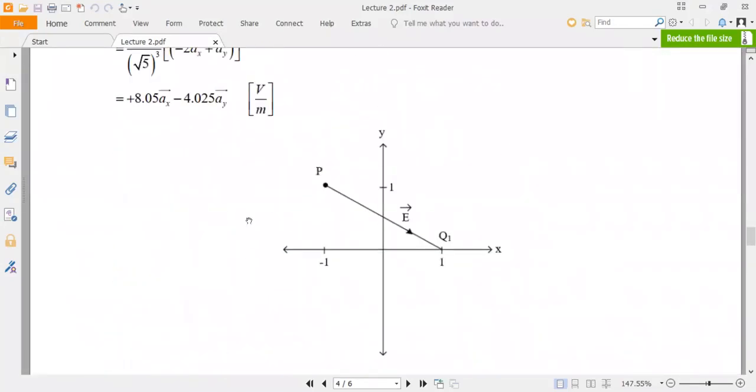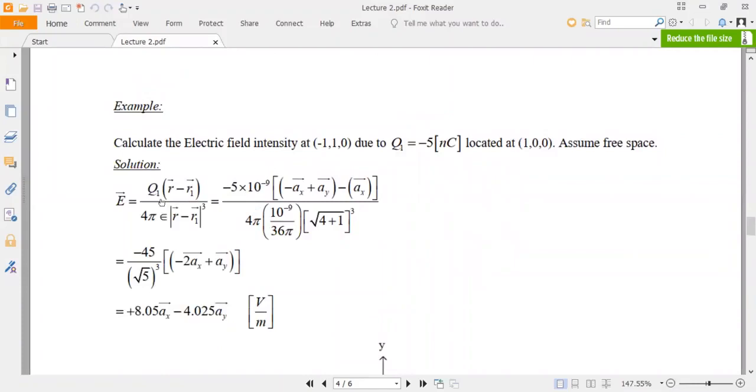So here again, your electric field is Q times (R bar minus R1 bar). So what is your R bar? R bar is the position vector of your point where you want to find the electric field intensity. So that's why it is minus AX plus AY, and R1 is the position vector of your charge Q1, which is (1, 0, 0).